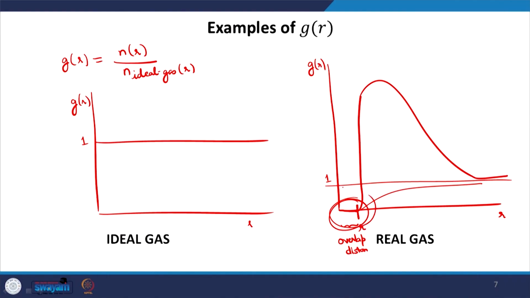So, therefore, I have tried to draw two different lines here. In both these cases, I am eliminating the possibility of the overlap, but then in one case it is going to 1 in one particular way, in the other case it is going to 1 in some different way, and all this will depend on the concentration of the hard sphere gas. Actually, it also depends on the temperature. When I do it for different temperatures, you may have different amounts of order.